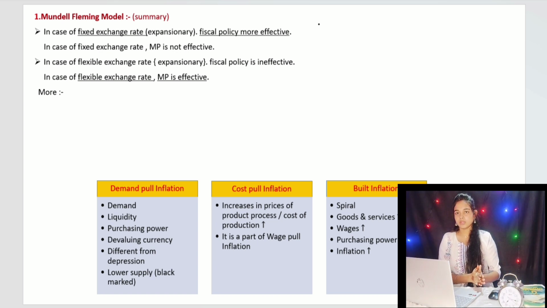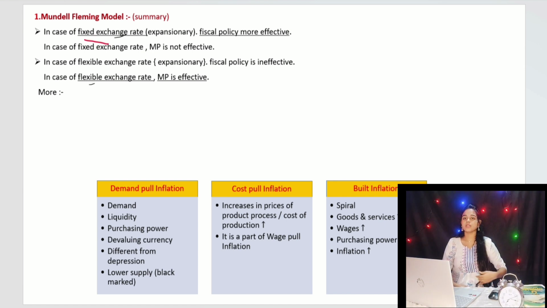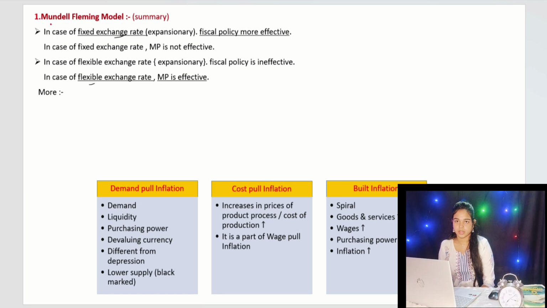Before going to the framing model summary, let's understand what is fixed exchange rate and what is flexible exchange rate. So the fixed exchange rate system is set by the central bank and the flexible exchange rate by free market forces.